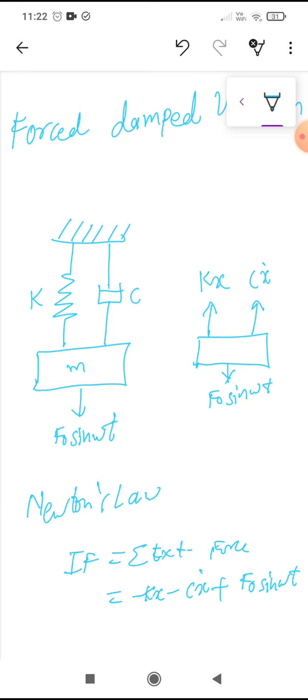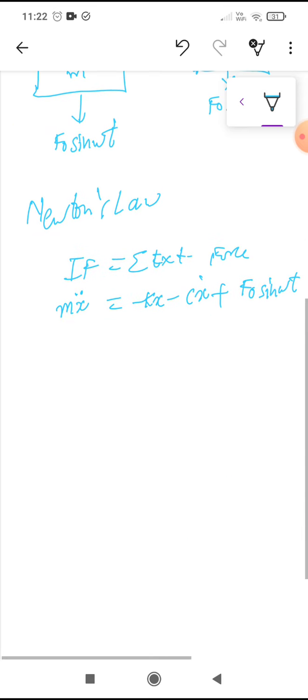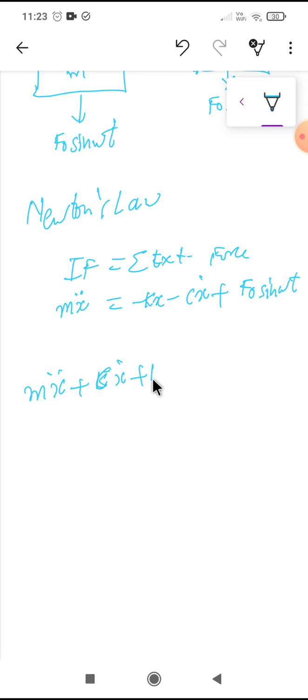According to Newton, every force is balanced by some other force, which we take as the inertia force, that is m x double dot. Now if I bring all the x terms to the left, I get m x double dot plus c x dot plus kx equal to f0 sine omega t.